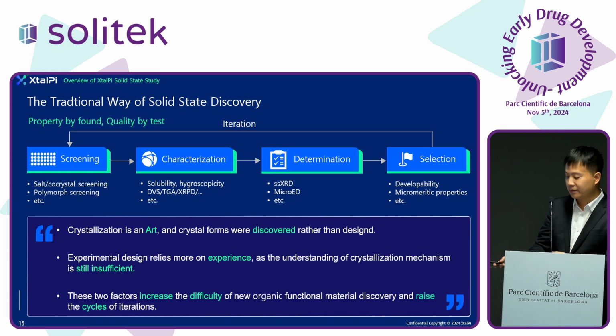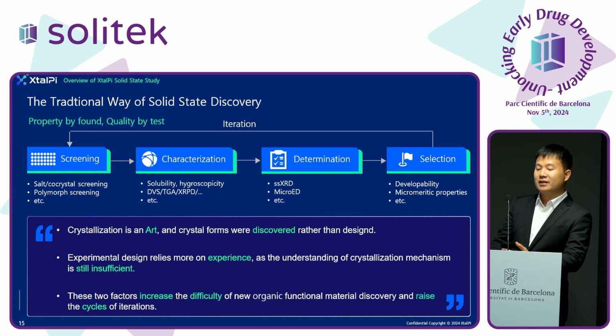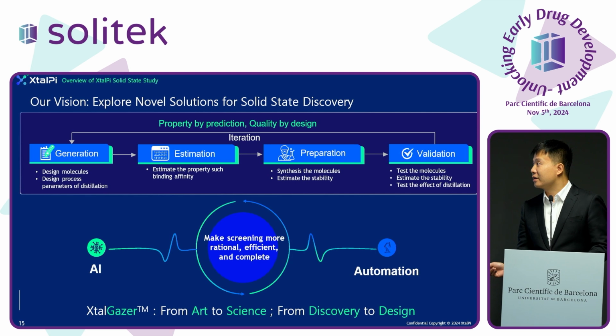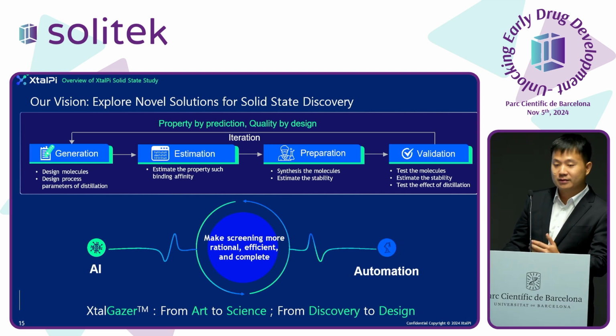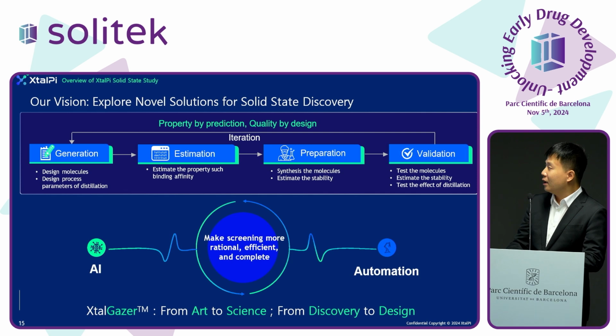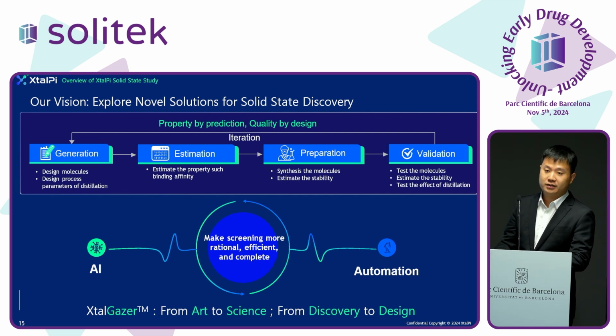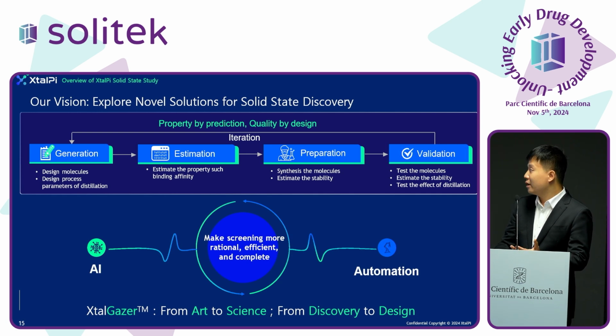But in another area of research, such as drug discovery, we know that the process is a little bit different. In drug discovery, we first use computational tools to generate a lot of virtual molecules. And then we predict their properties.